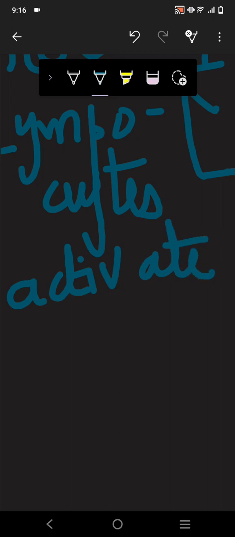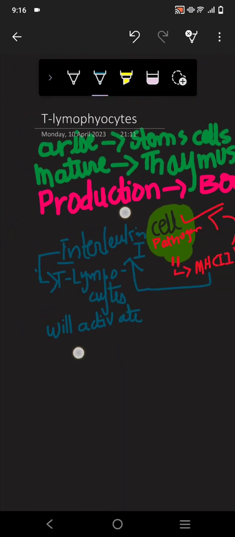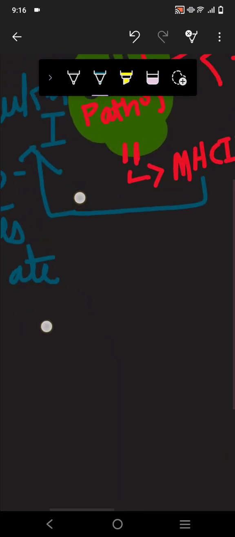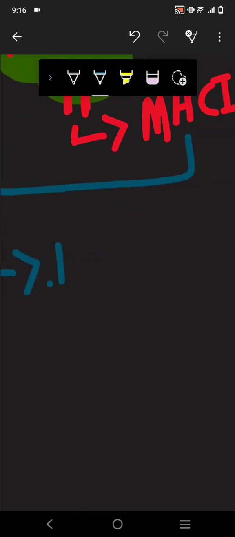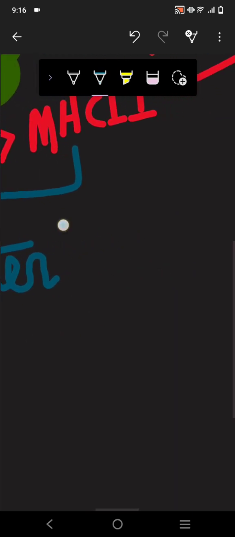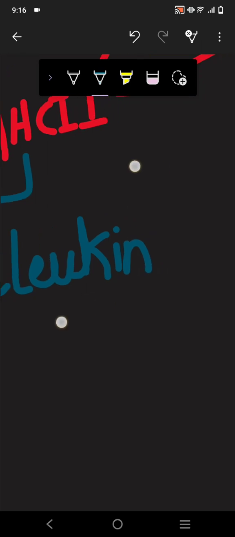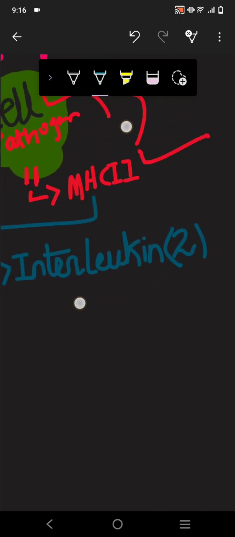After the activation, the T lymphocyte will release interleukin 2. So this is how the T lymphocytes work in our body.